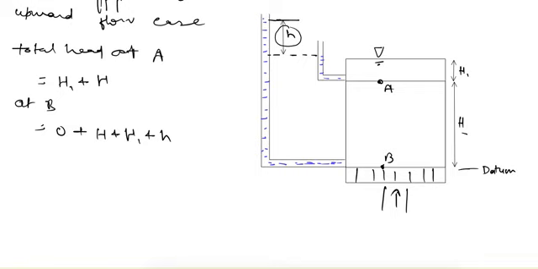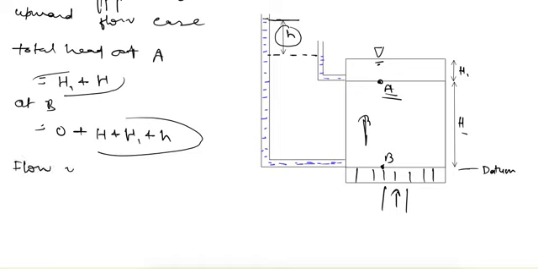Because flow is taking place upwards, total head at B obviously will be greater than that at A. So flow will take place in upward direction.